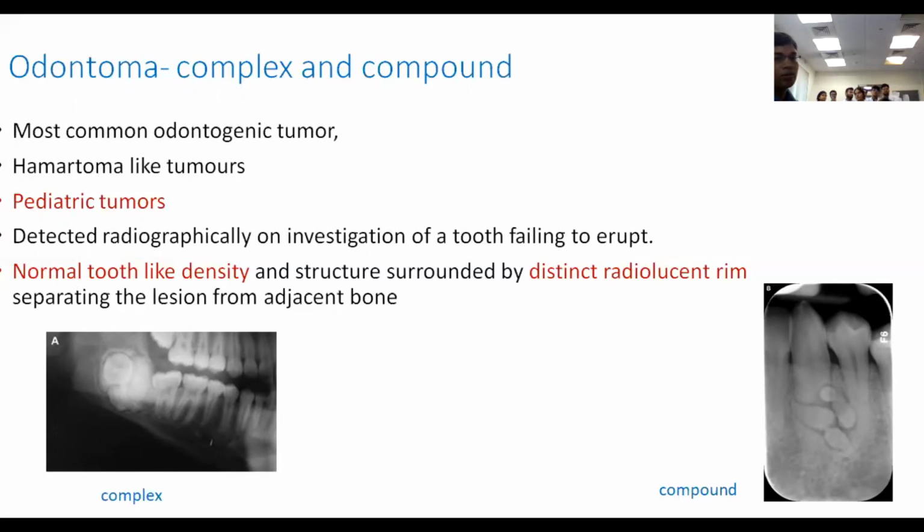Okay, so you can see the normal tooth-like density, and then there is a surrounding distinct radiolucent line. Usually, if you see this radiolucent line and you see teeth-like density structures, then it is going to be an odontoma.